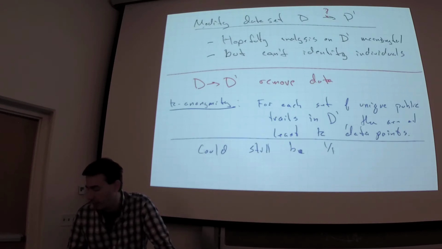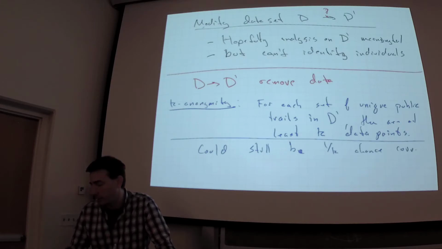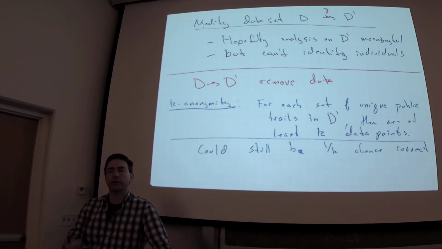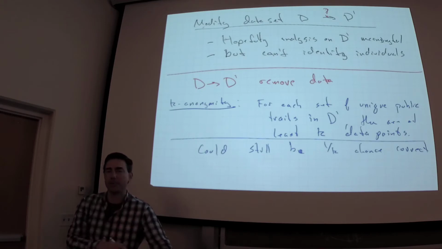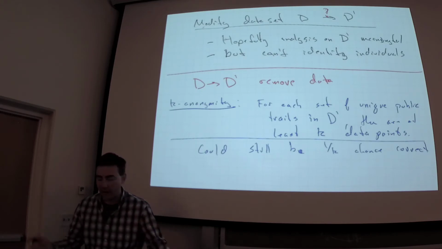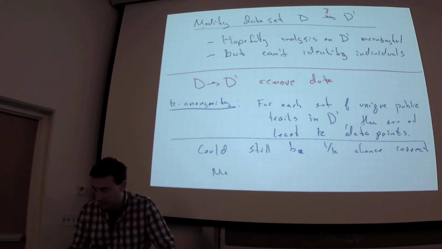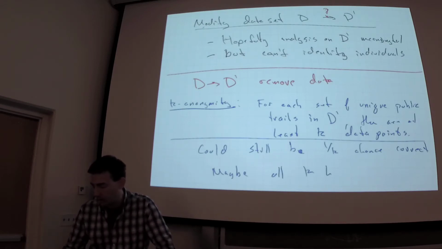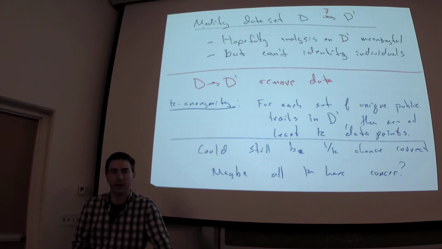So it could still be a 1 out of K chance. But one issue that could happen, maybe not always, is that maybe all K have cancer, right?